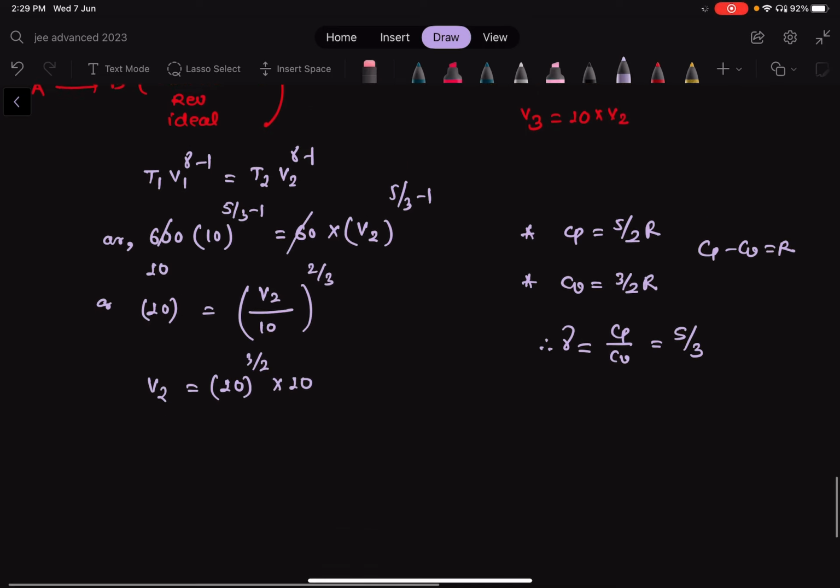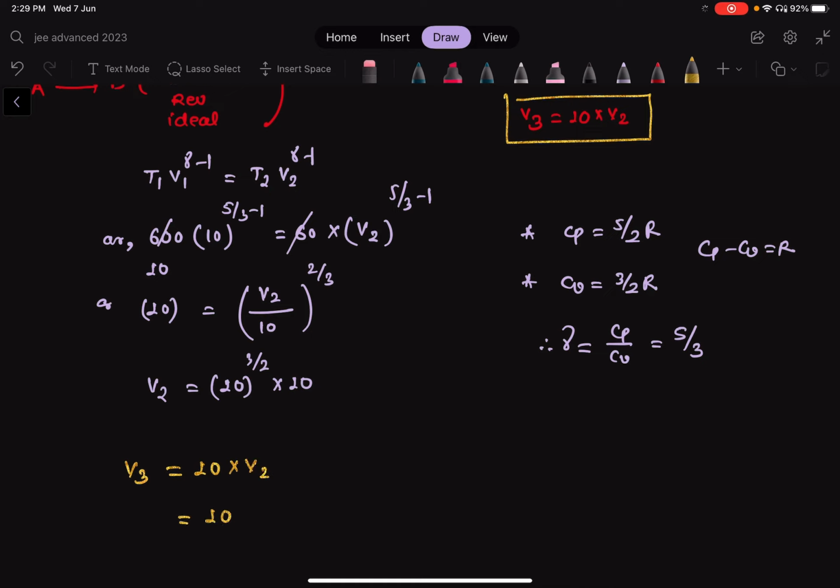As soon as we get the value of V2, from this equation we can get the value of V3. V3 will be equal to 10 V2, and V2 value that we have got is 10 into 10 to the power 3 by 2. So that value will be 10 to the power 2 plus 3 by 2, that means 10 to the power 7 by 2.